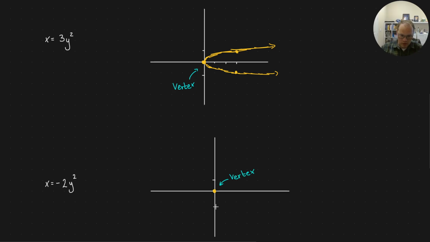Now if I go 1 unit away from that vertex, up or down in this case, since it's opening to the left, I'm going to go -2 units in the x direction. So 2 units this way, 2 units this way. There's my parabola. Okay.